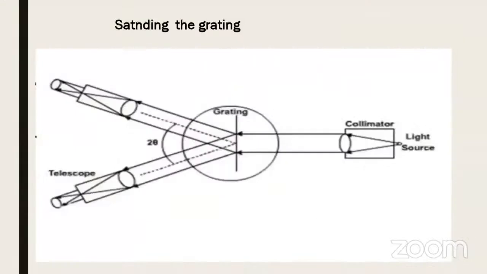Place the grating, then move the telescope to observe the direct image. Diffraction patterns are seen on either side of the direct image. Turn the telescope to the left, and the green line of the spectrum will be visible with the vertical crosswire and coincide with the 90 degrees.